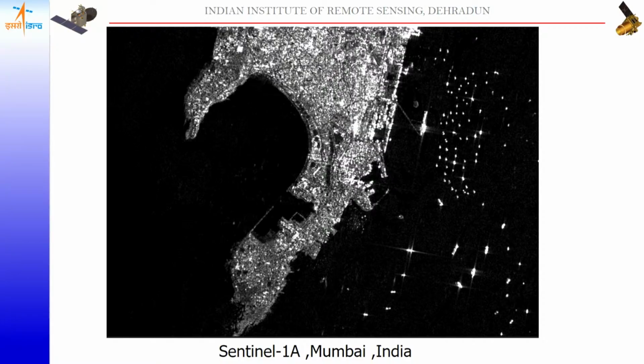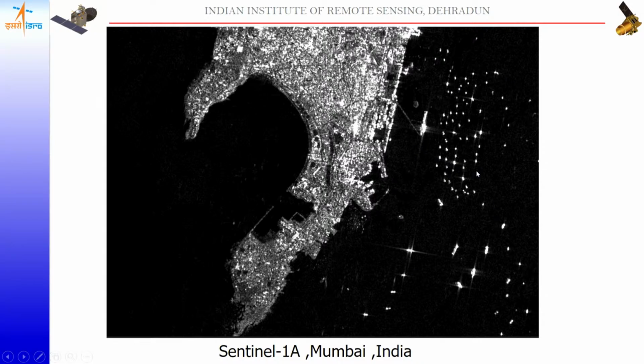You can see this is the Mumbai area of India, and how Sentinel-1 has acquired the data. In this image you can see the Mumbai port, and on the right-hand side you can see multiple ships also.